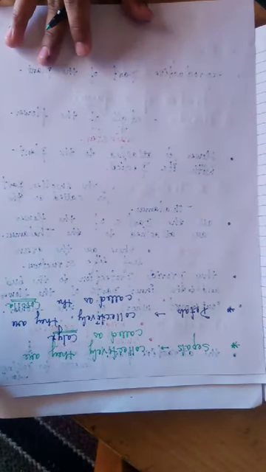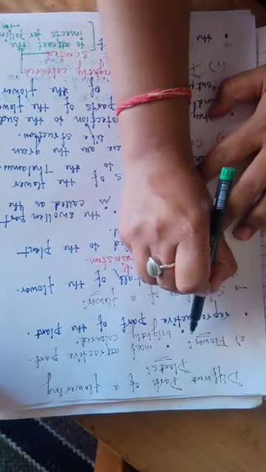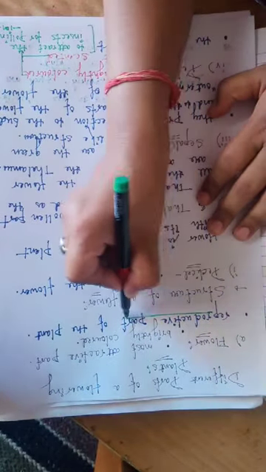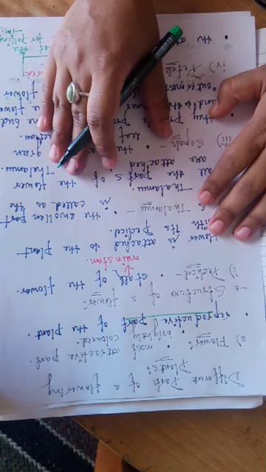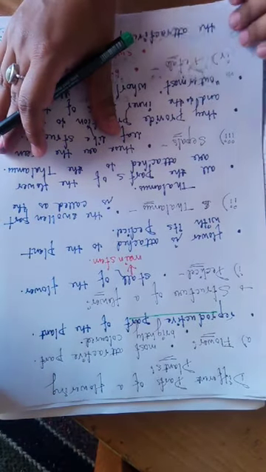Okay, so now, as in the starting I told you that the flower is the reproductive part of the plant. So if it is a reproductive part, then it has surely got reproductive organs also. So yes, it has.